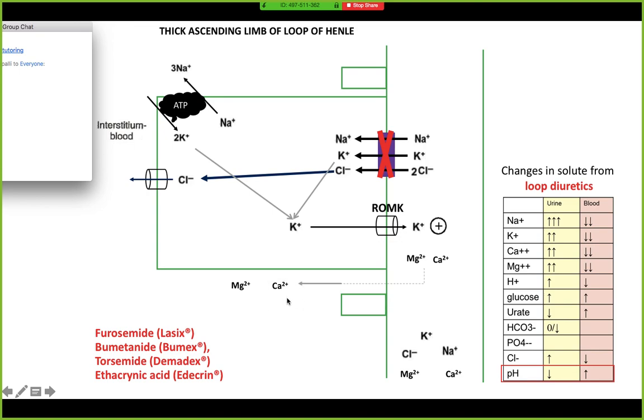paracellularly. So when you block this symporter right here, you have sodium, potassium, and chloride that are staying in the tubular lumen, and then also your recycling of potassium is decreased because your sodium-potassium ATPase isn't working as hard. So you have more sodium, potassium, and chloride here since this pump isn't working.